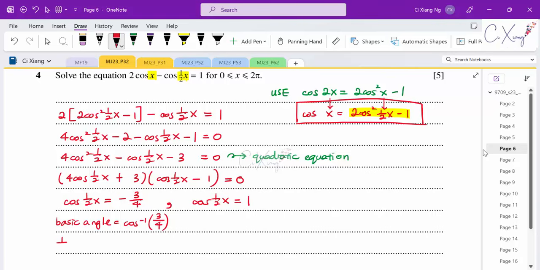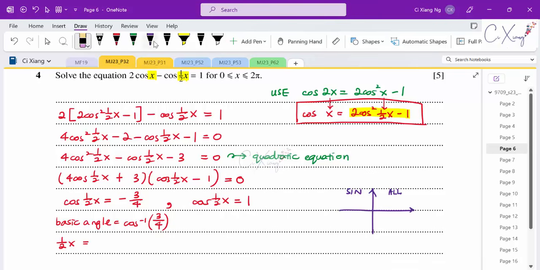Then now I want to go through the quadrants and find the value of half x. Okay, so now we need to be a little bit more careful to go through the quadrants and find out the value, right? So I'm having everything is positive in the first quadrant, sine positive, cos positive, tangent positive.